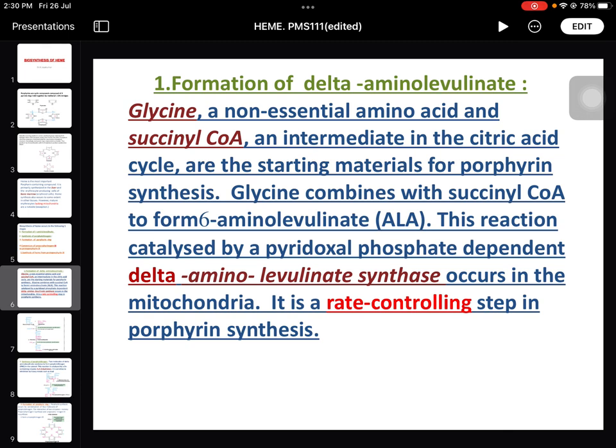This reaction is catalyzed by the pyridoxal phosphate enzyme delta aminolevulinate synthase, which occurs in the mitochondria. So, this is a mitochondrial reaction. Here, delta aminolevulinate synthase is considered to be the rate limiting or rate controlling enzyme.